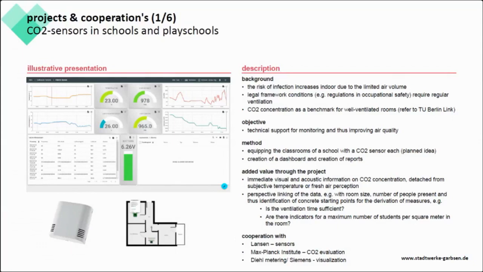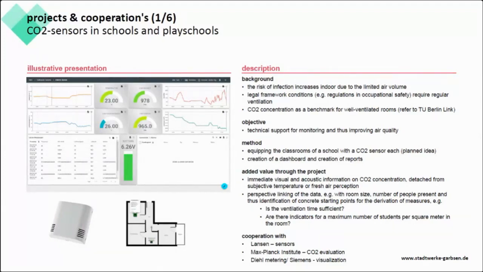We equipped several rooms with Lansen sensors that can indicate the CO2 concentration level by a green, yellow, and red light. And the sensors are able to flash if the values are too high. Furthermore, the sensors can give acoustic hints that should inform about the need for ventilation.